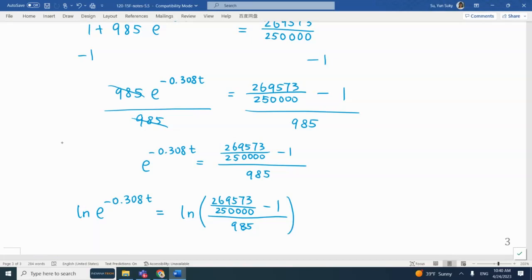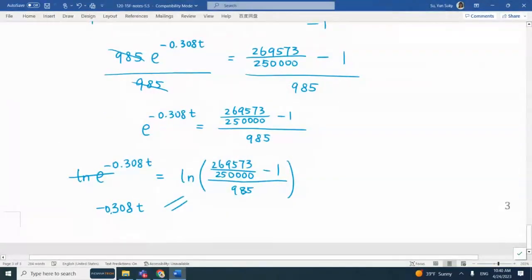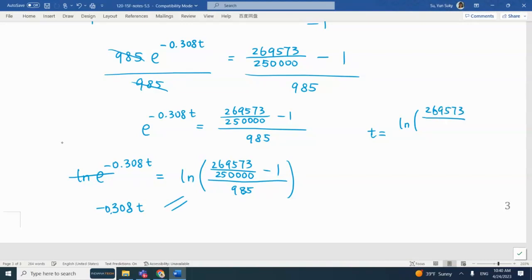But on the left hand side, e and ln cancel, right? Everybody? So we get negative 0.308t equals the right hand side. What's your t? What's your t?